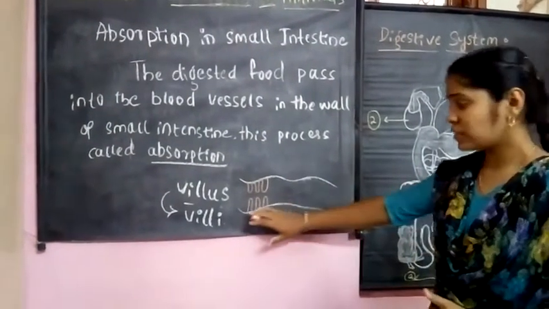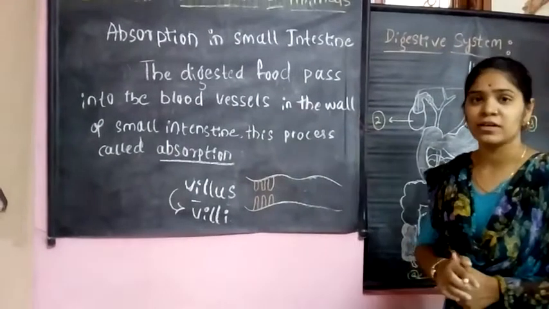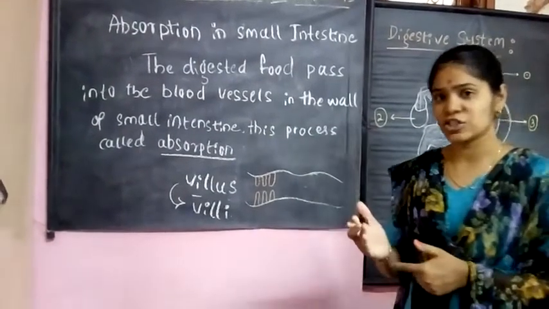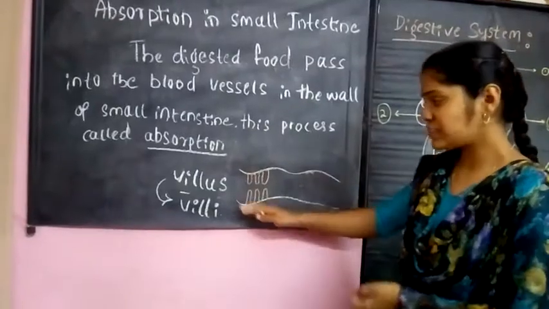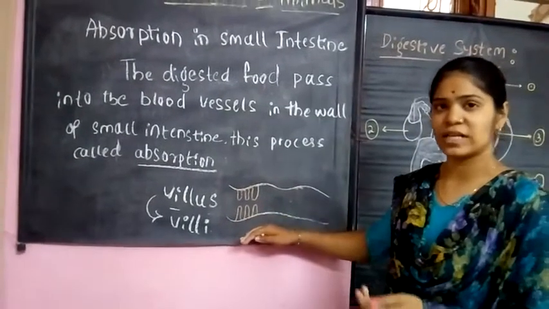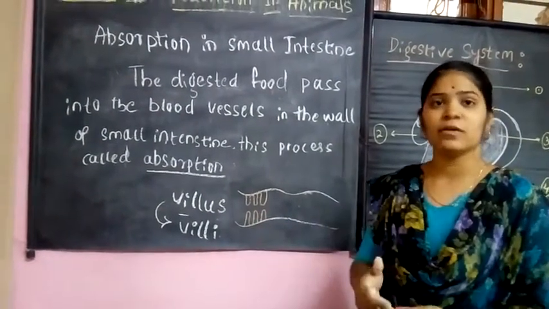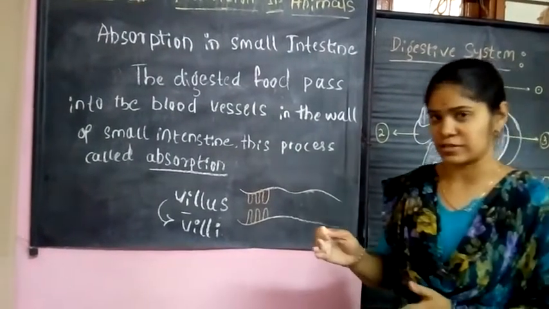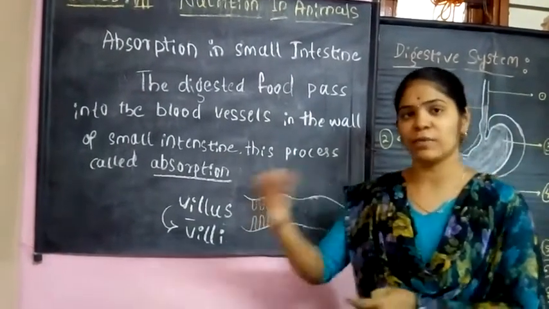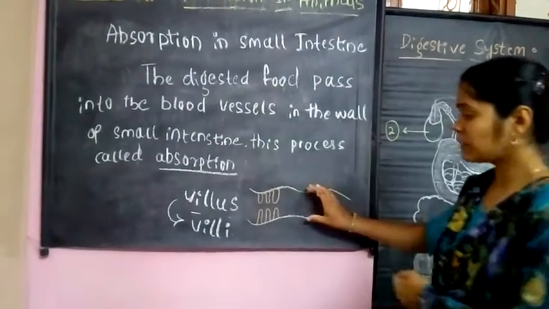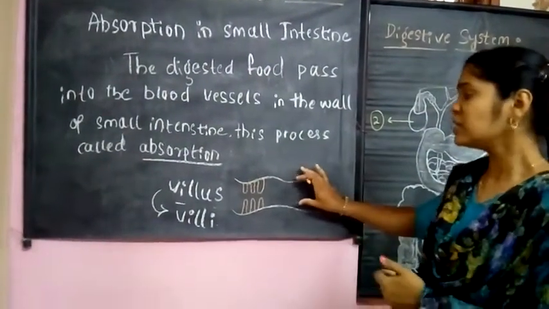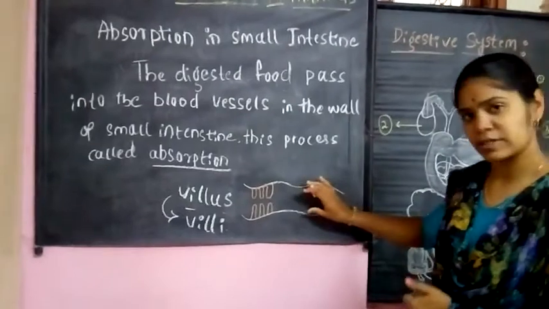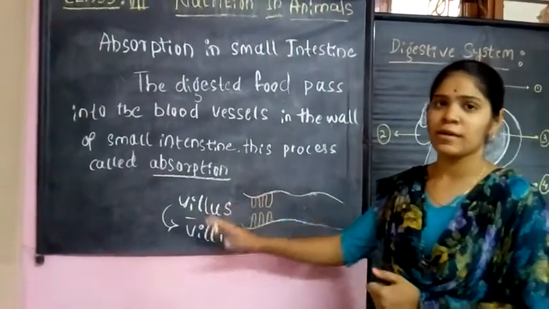These villi have a thin, network-like structure which is connected to the blood vessels. The food material absorbed by the intestine will move towards the blood vessels.